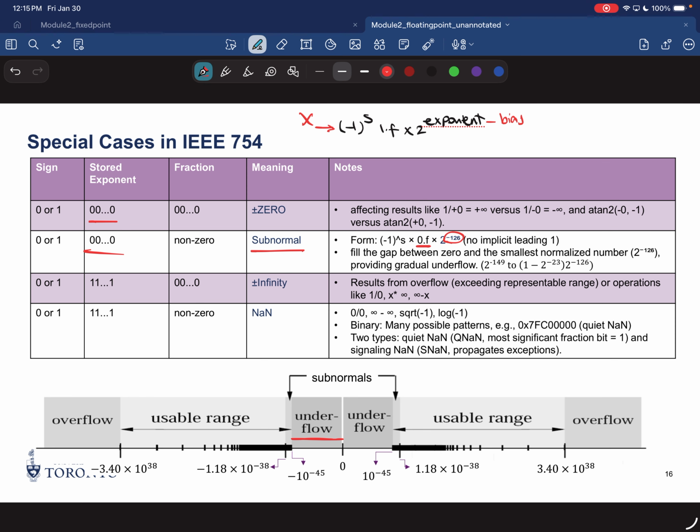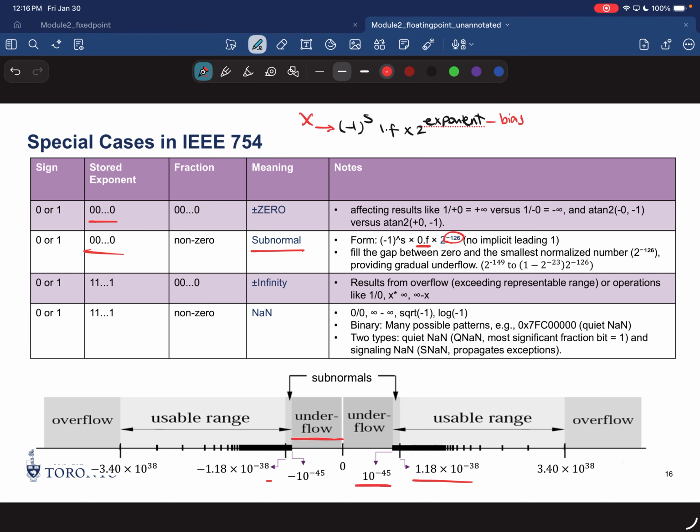So we have a better handle on very small numbers. It allows us to actually cover, let's go from this side, 1.18 multiplied by 10 to the power of minus 38, and this is in decimal, to 10 to the power of minus 45, basically. So we got a range there by the subnormals.